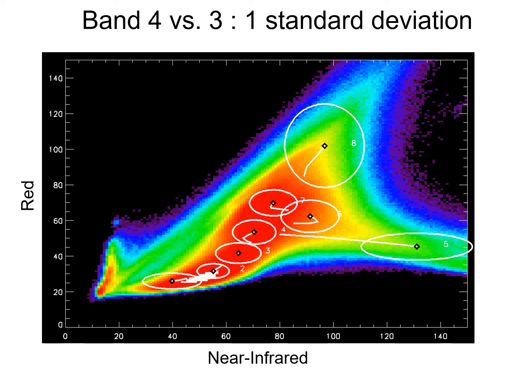And then the circle shows you, I'm sorry, 1 standard deviation for the pixels associated with that particular cluster.